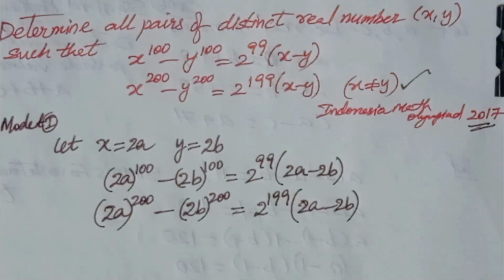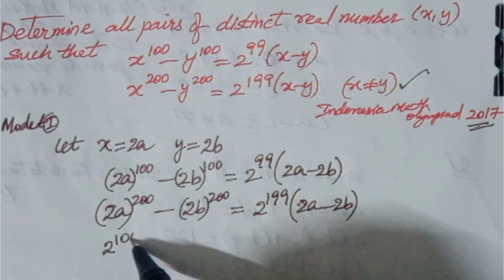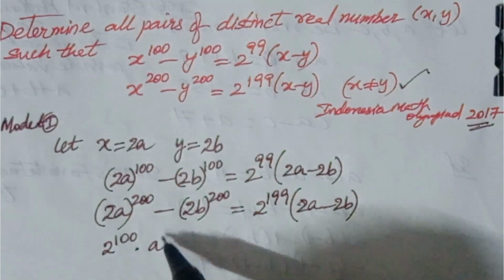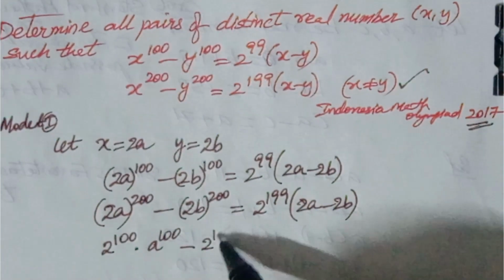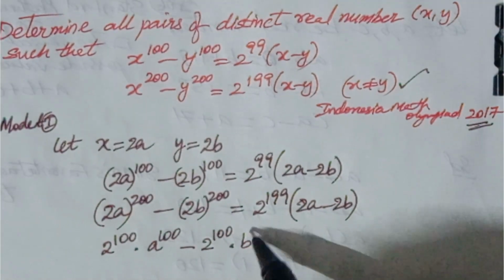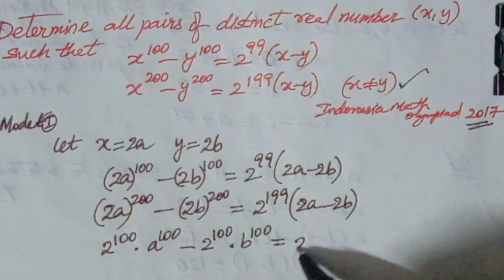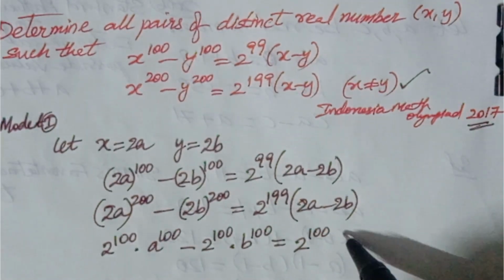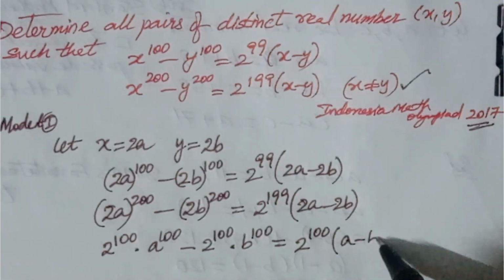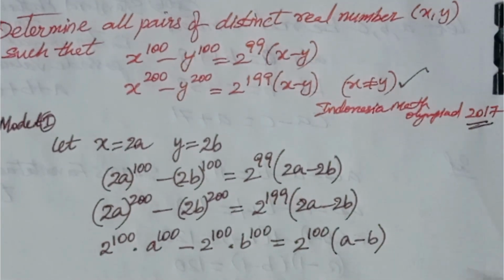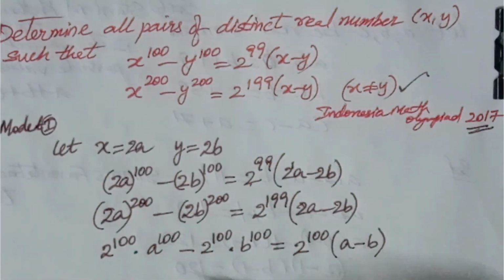Here, if you write by using the exponent formula, the first one will become 2 to the power of 100 into a to the power of 100 minus 2 to the power of 100 into b to the power of 100 is equal to 2 to the power of 100 into (a minus b). Here 2 power 99 into 2 power 1 gives 2 power 100.